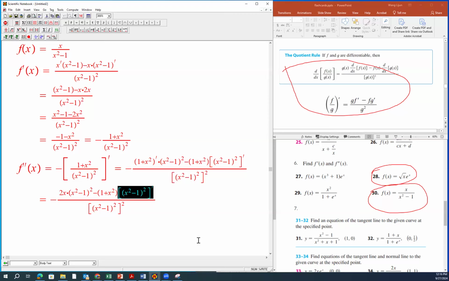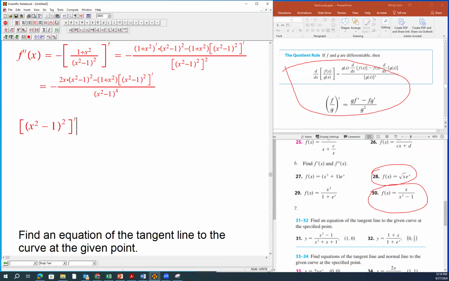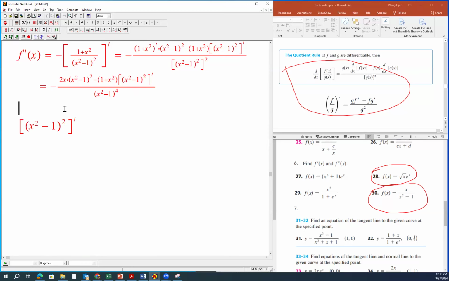Well, be patient with ourselves, all right? We're going to FOIL. So I'm going to put this on the side, and I'll come back to show it to you. We're going to do this on the scratch paper.